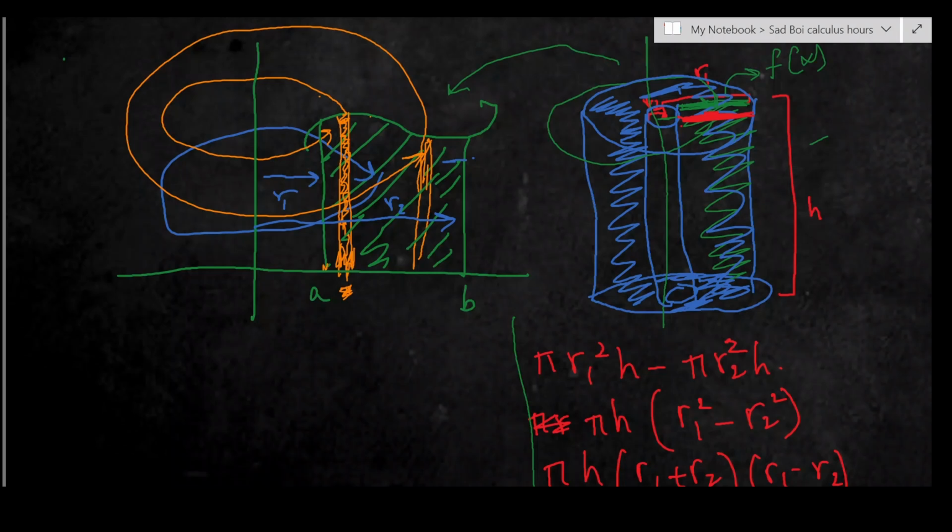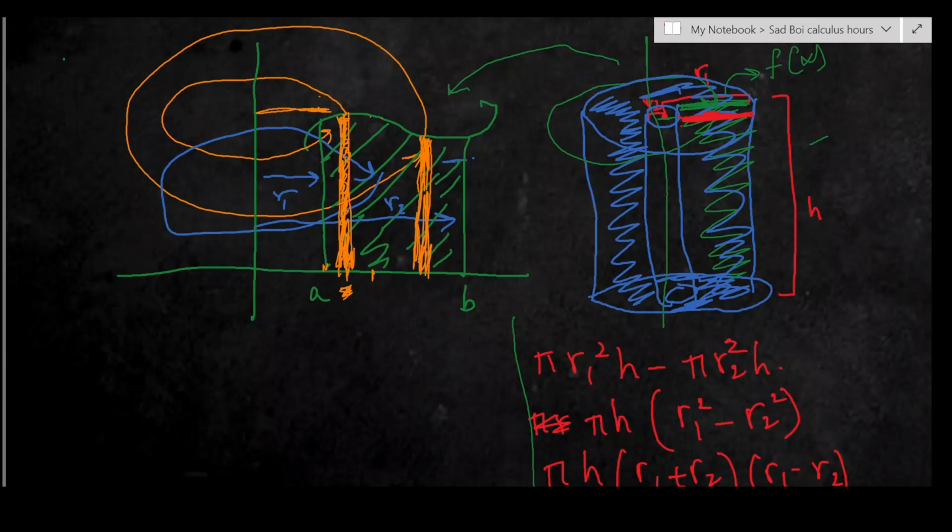However, what happens is, we divided this into segments, and we consider each of those segments revolving around the y-axis, and we consider the volume generated by each of those segments, and we sum all of those volumes up. So let's consider this particular segment.